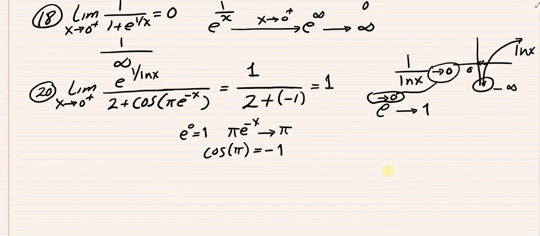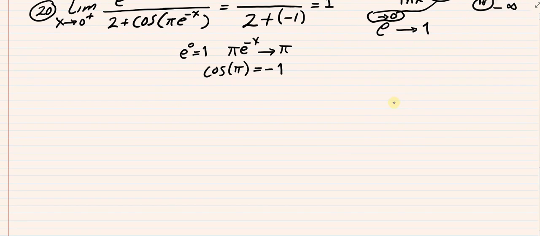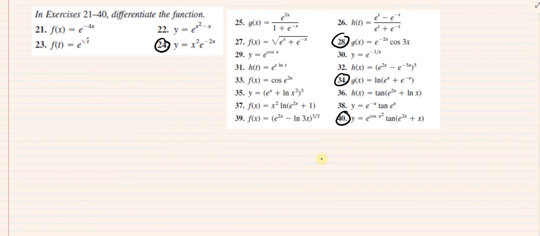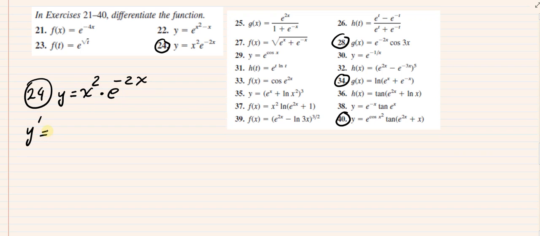Let's take a look at a few others. Alright, let's take a look at exercise number 24. In this segment, we just want to find the derivative of the function. So number 24, we have y is equal to x squared times e to negative 2x. Remember, all the previous rules of differentiation are still in effect.